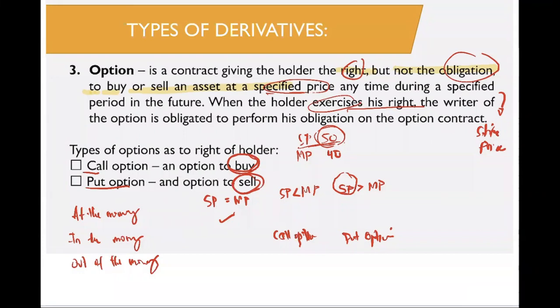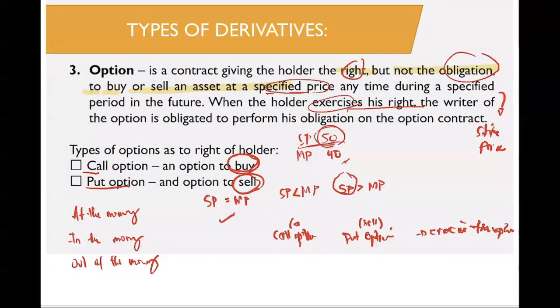When we say in the money, you should exercise the option. Okay? Kasi kikita ka. Biruin mo, mabebenta mo siya at 50, pero yung market price lang ay 40. That's for put option. If you have the option to sell.